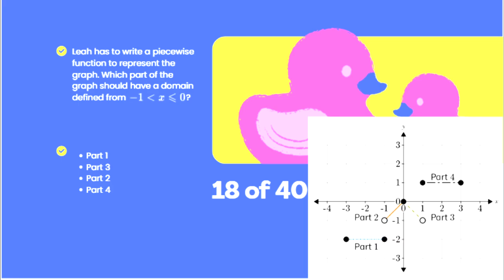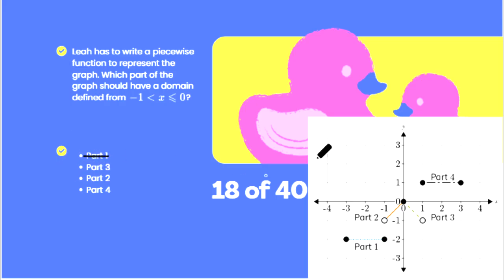Here is number 18. Leah has to write a piecewise function to represent the graph. Which part of the graph should have a domain defined from x is greater than -1 and less than or equal to 0? So let's look at these. Part 1 says x is less than or equal to 1, and greater than or equal to -3. Nope, it's not part 1.